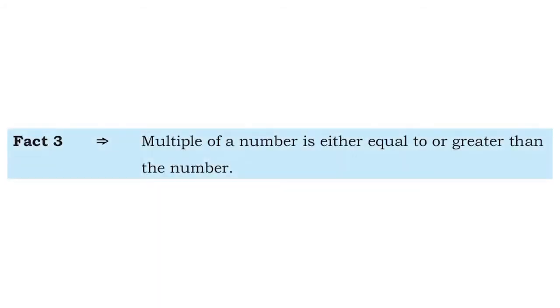Multiple of a number is either equal to or greater than the number. We've seen in the multiples of 3 that they are either equal to 3 or greater than 3. And the last fact, fact 4, a number has infinite number of multiples. So the multiples of 3 are 3, 6, 9, 12, 15, 18, and it goes on.